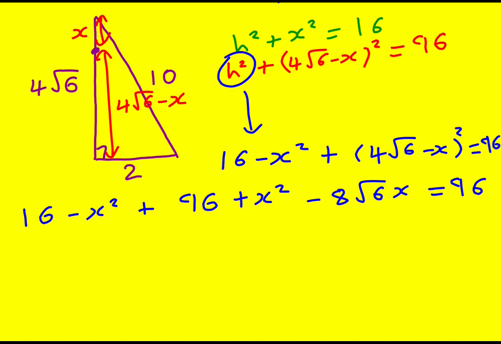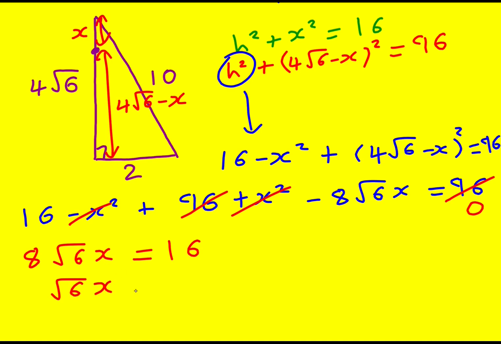Now this works out very well because the minus x squared cancels with the positive x squared, the 96 is cancelled to leave me 0, and I'm left with 8 root 6 x, if I get it onto the other side, is equal to 16. I can divide through by 8. I'm just going to take it step by step. So root 6 x is going to equal 2, and x is going to equal 2 over root 6.